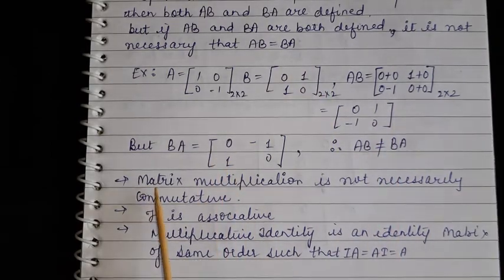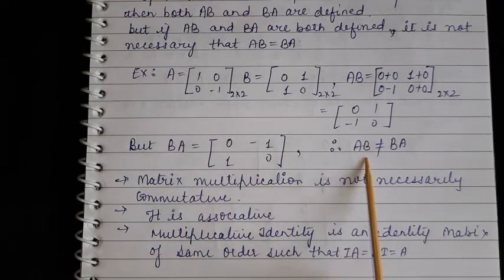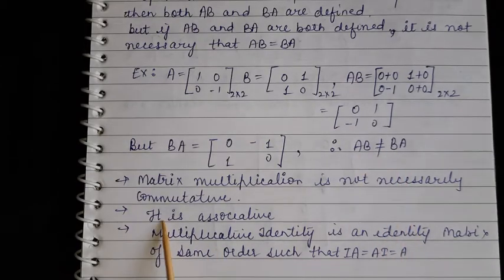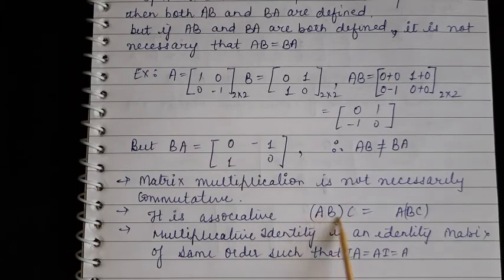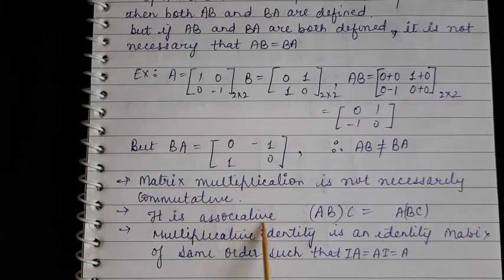Then we need to see some properties of matrix multiplication also. Matrix multiplication is not necessarily commutative. This is what we have proved here, that AB is not equal to BA. But matrix multiplication is associative, which means given three matrices A, B and C, this condition will be true. So matrix multiplication is associative.